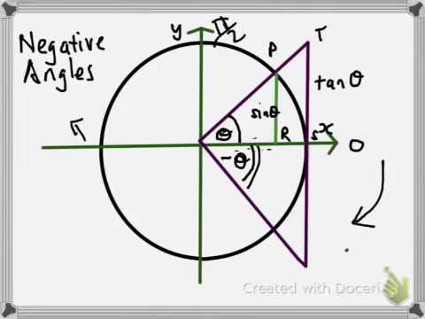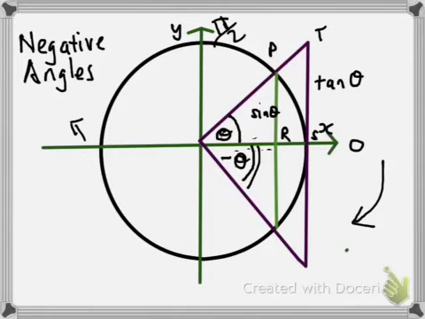Now you'll notice that with our sine, cos and tan, we defined the distance from P to R as sine theta. So if I create another line here, down to there, it's not totally obvious from this diagram, but they're actually the same length.